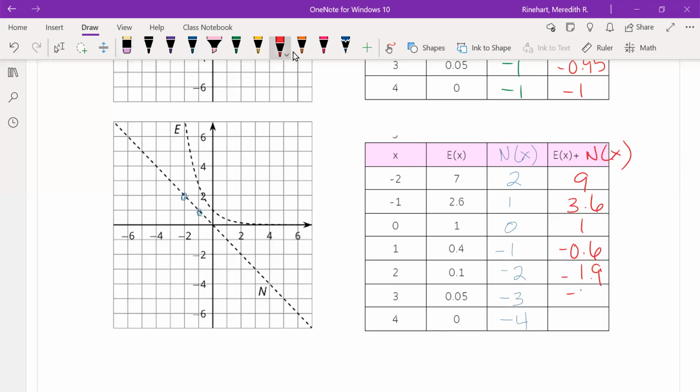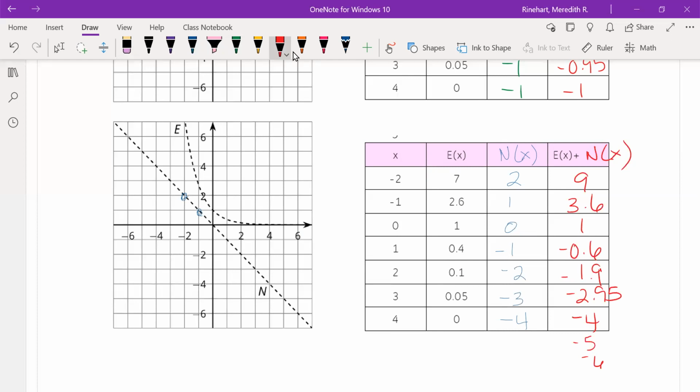Negative 2.95, negative 4. And then after that, again, we're going to stay at whatever n of x is. So I think it's negative 5, and then it's negative 6. So let's go ahead and plot this. So negative 2, 9 is going to be off, so we'll start at negative 1.